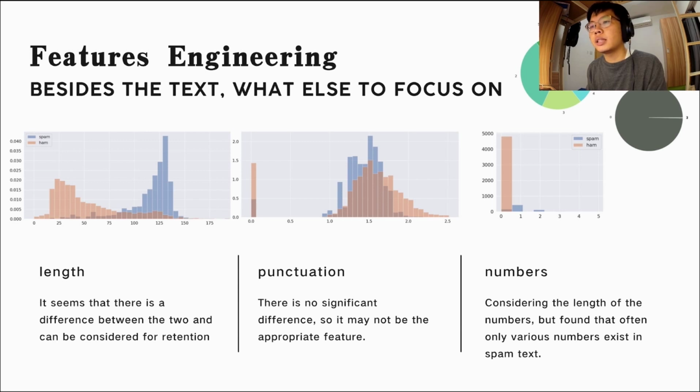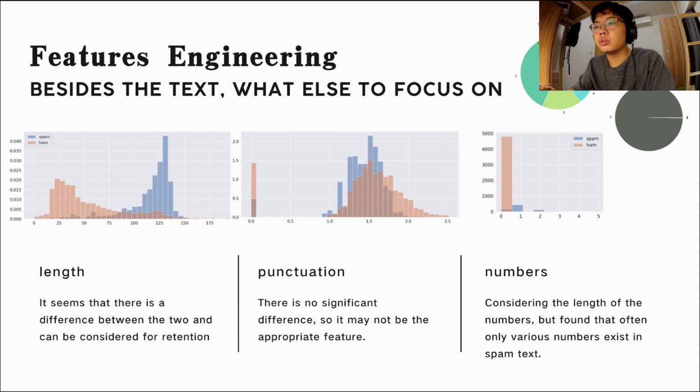Consider some statistical features, such as the length of the text, the number of punctuations, the number of numbers, and whether or not it contains links to a website. Based on these considerations, we have made some graphs to aid in the evaluation.